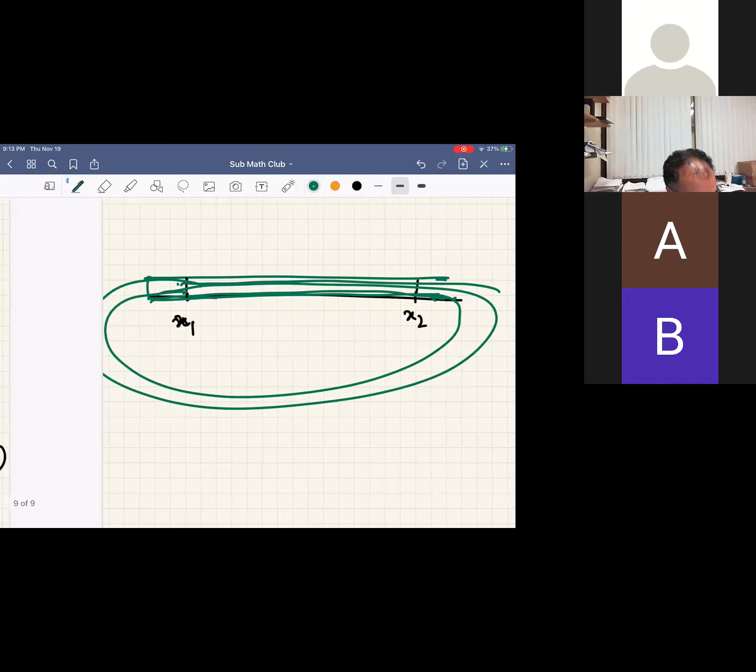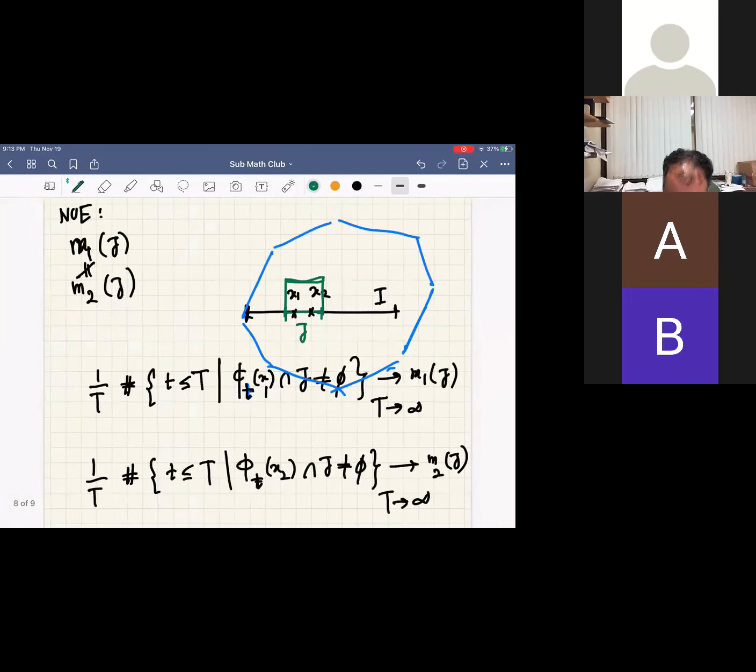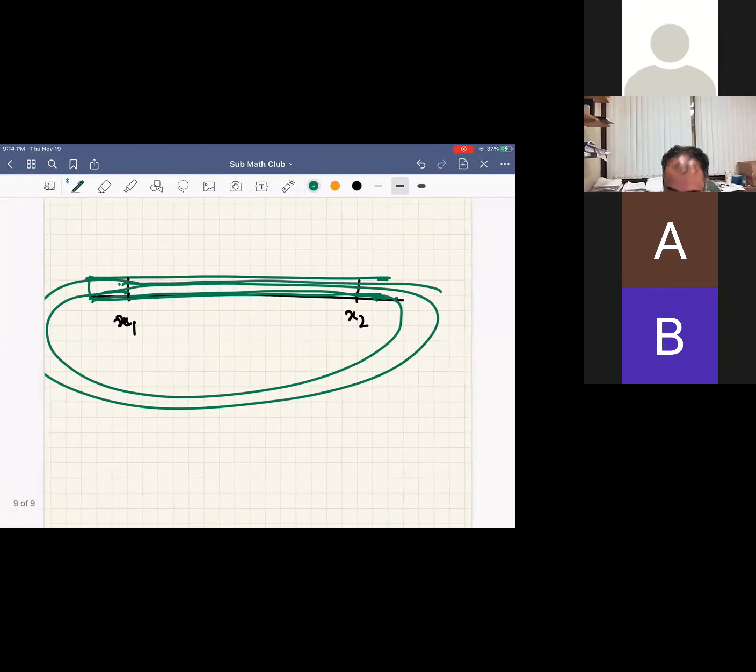Let's say these are also the recurrence times which we had. So by Poincaré recurrence, this direction is going to recur to this thick part.